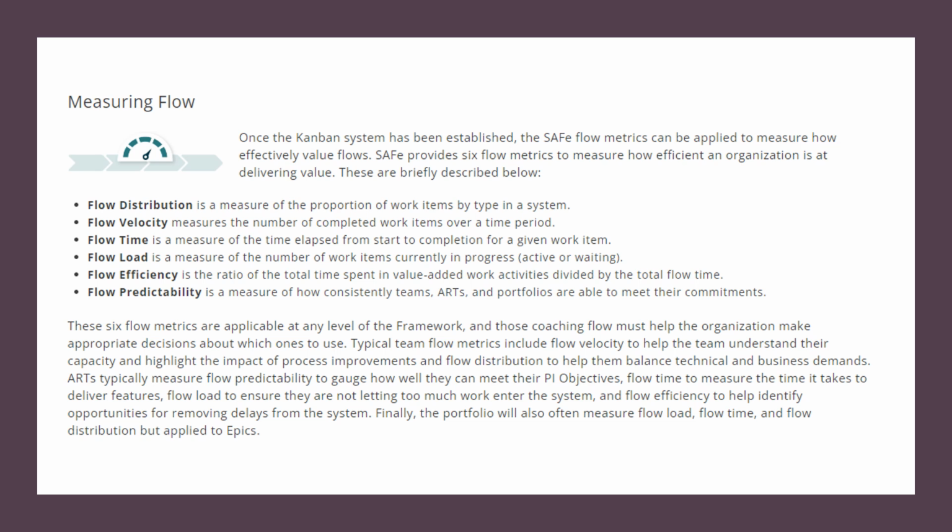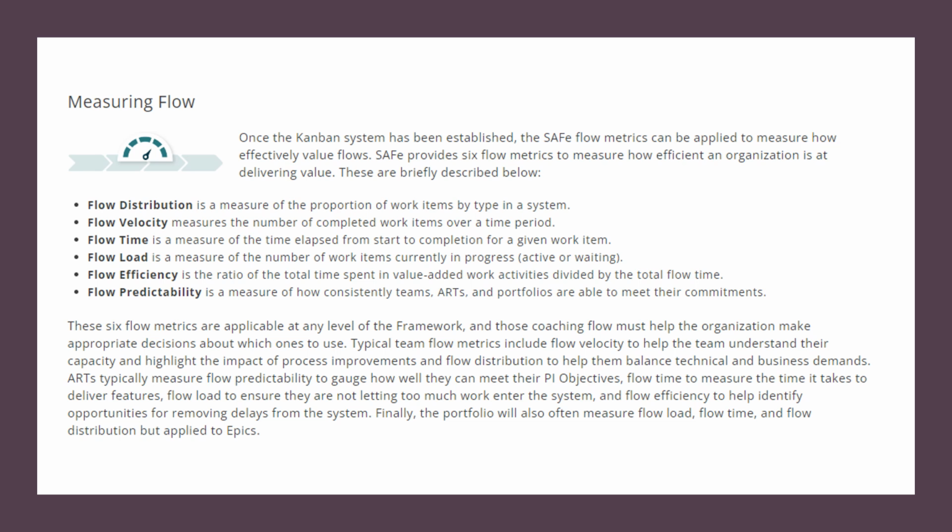Typical team flow metrics include team velocity to help the team understand their capacity and highlight the impact of process improvements, and flow distribution to help them balance technical and business demands. At the ART level, they will typically measure flow predictability to gauge how well they can meet their PI objectives.